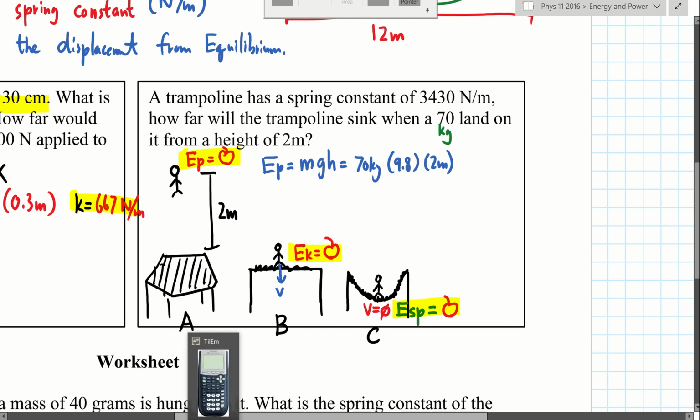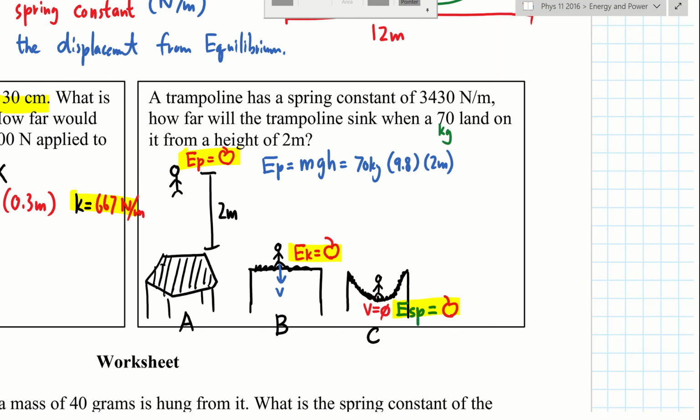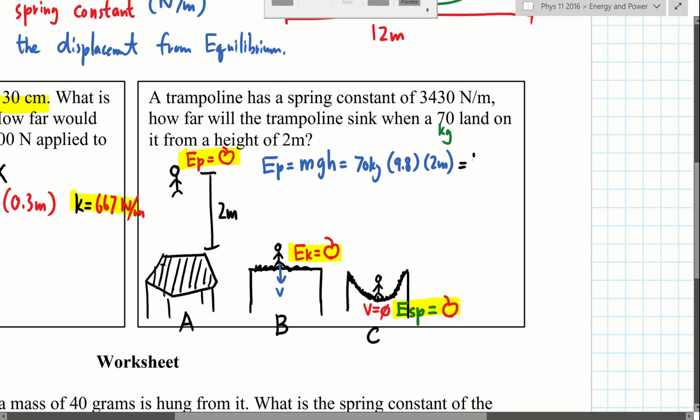I forgot to calculate that in advance, so let me just calculate it really quickly. 70 kilograms times gravity, which is 9.8, multiplied by 2, 1372. So 1372 joules of energy. Now that is the amount of energy that goes into here.